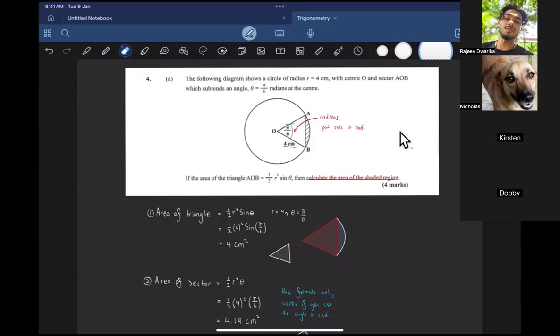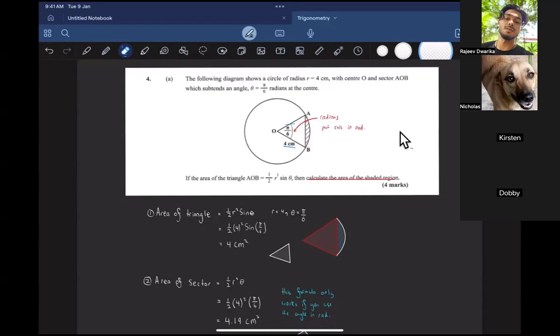Do you remember what radians is? Radians is the ratio between what two things? The ratio between an angle and its circumference. What? No, I mixed that up. It's the ratio between the length of the arc and the radius. Yeah, I said it wrong there.